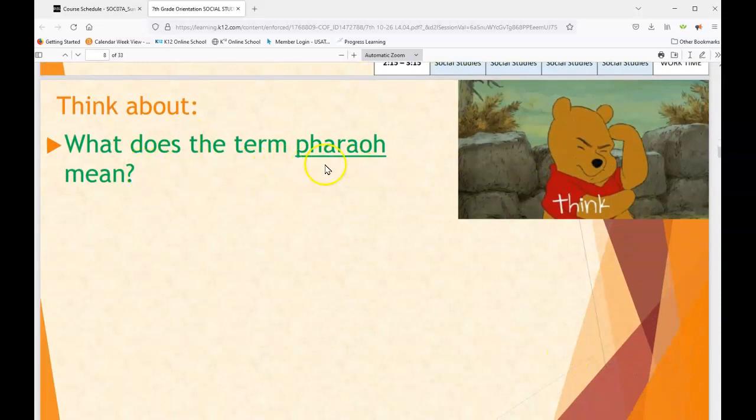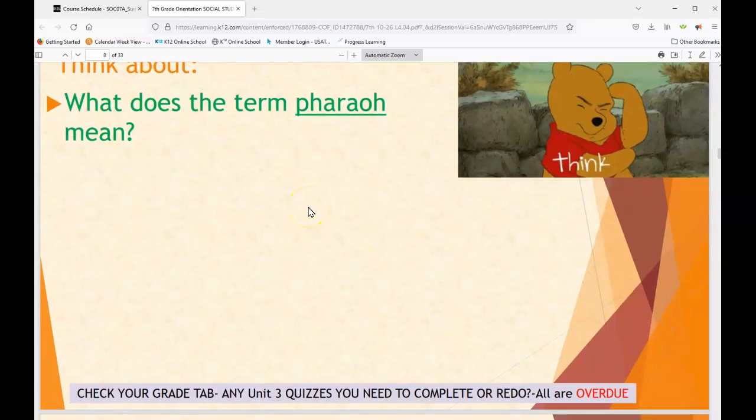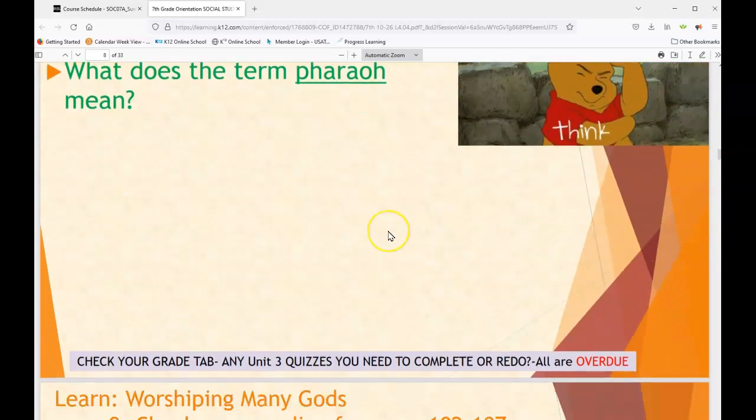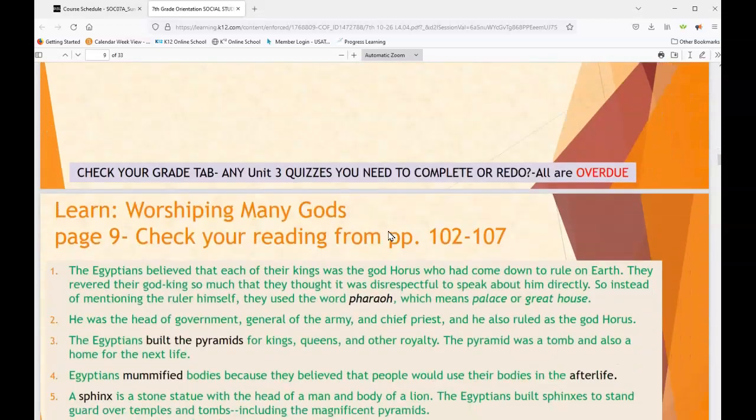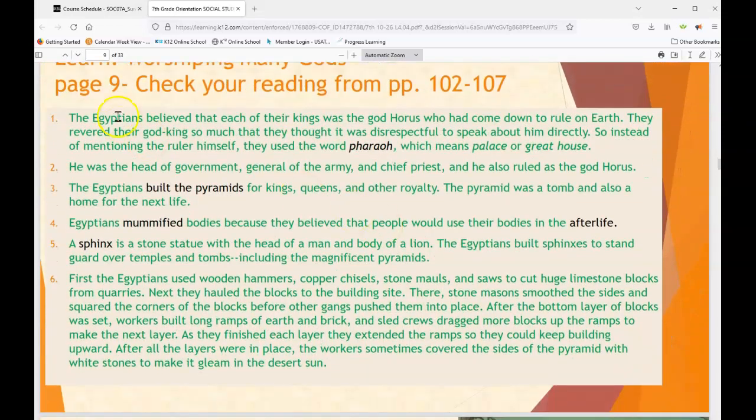So what does the term pharaoh mean? Think about it for a moment. From yesterday, if you had done the questions, there were 6 questions. Pharaoh means palace or great house.